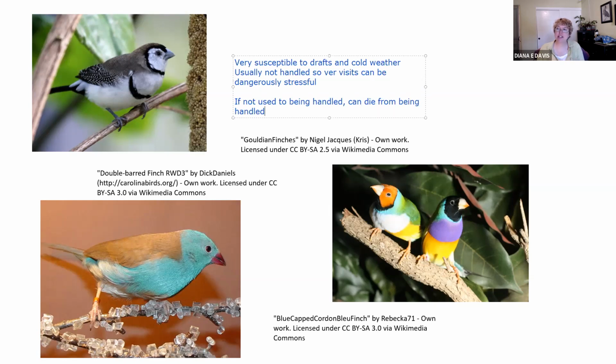The amount of stress can be that severe. So ideally, you want to handle these birds, even though we don't think of them as birds that you tend to handle. You want them to be comfortable with it.